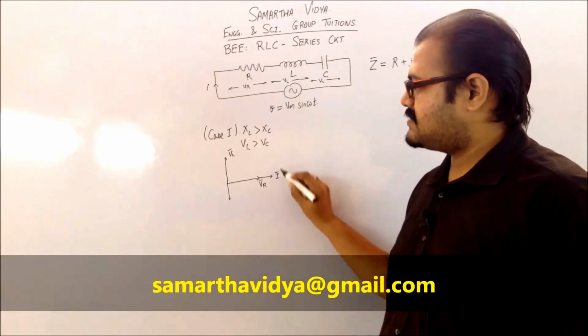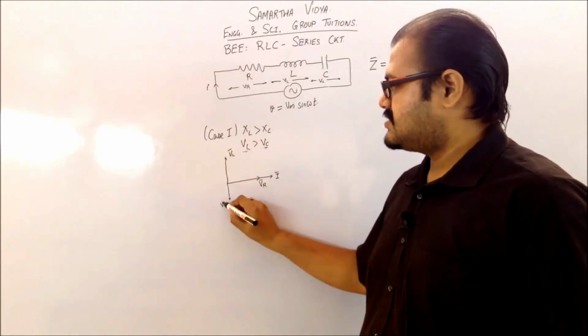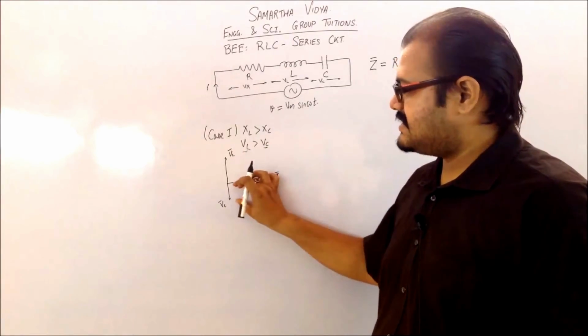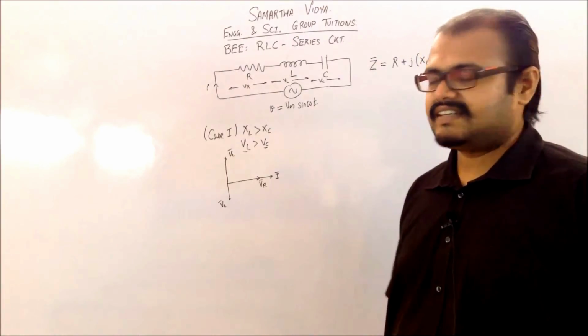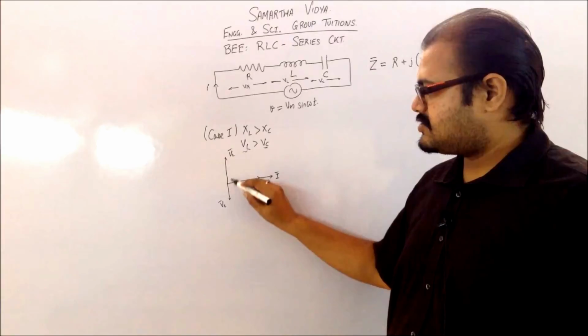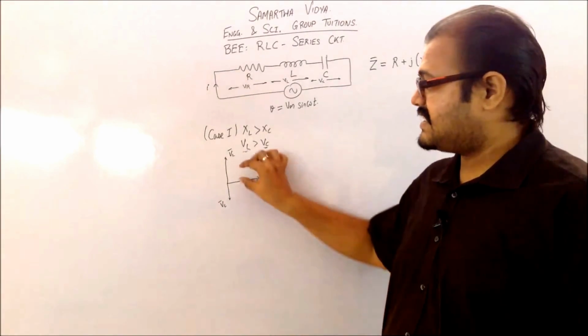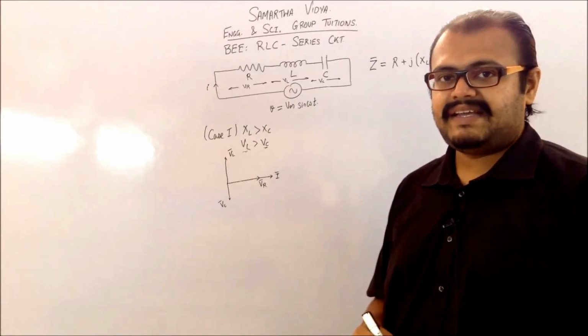Now in this you have to understand that my VL is going to be greater than VC. So we will be having the length of VC relatively shorter than VL. Now you can see that these two phasors are almost cancelling out each other. There is some part of VL which is remaining.